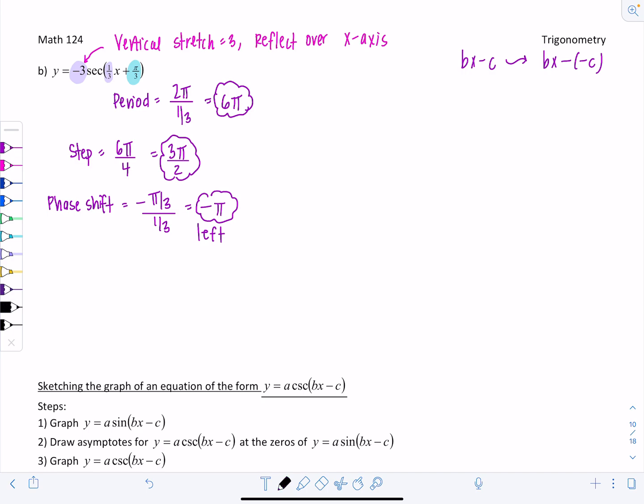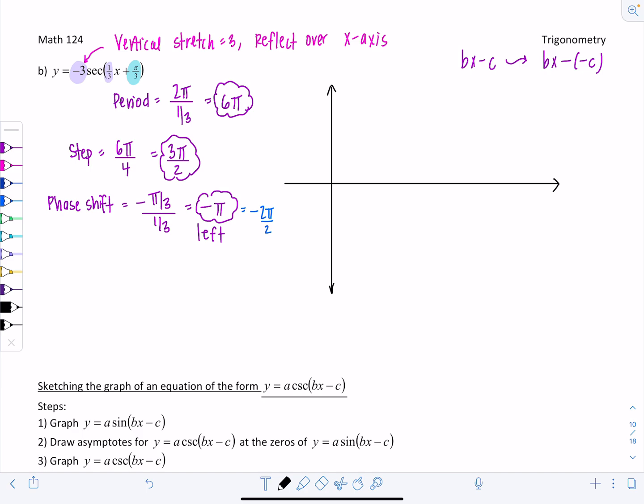Here we go. So we're going to start at negative pi and then the step is 3 pi over 2. So right away I'm like, oh man, those denominators don't match. So let me think in terms of common denominators. Negative pi is negative 2 pi over 2, right? Okay, so it looks like we should scale by that.